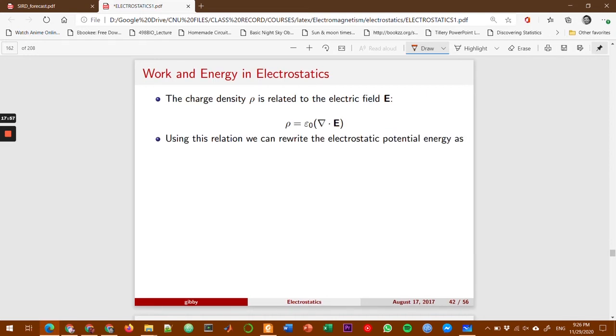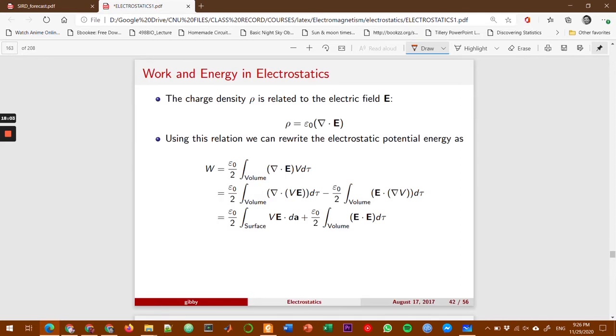Using this relation, we can rewrite the electrostatic potential energy as this one. Earlier, the formula was 1/2 rho V d tau, where we substitute the expression for rho. That's simple.